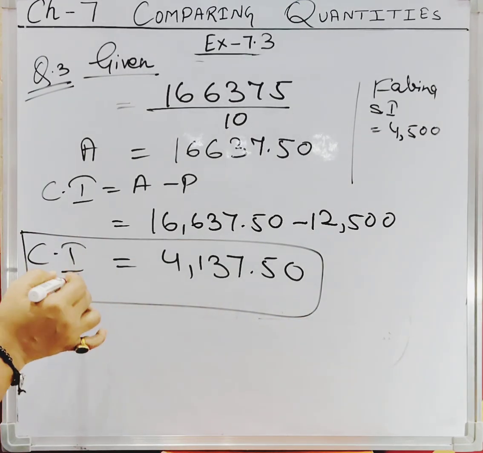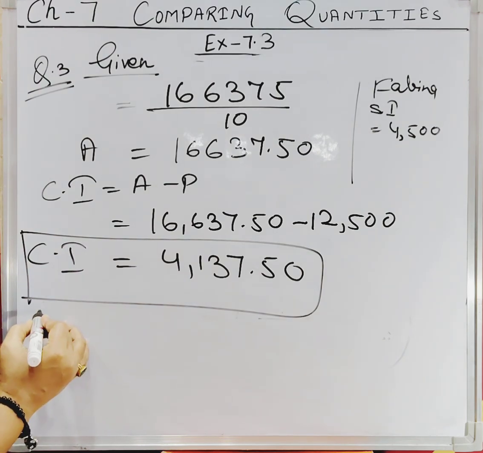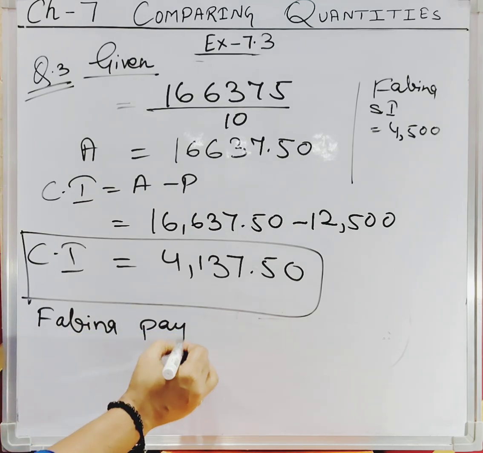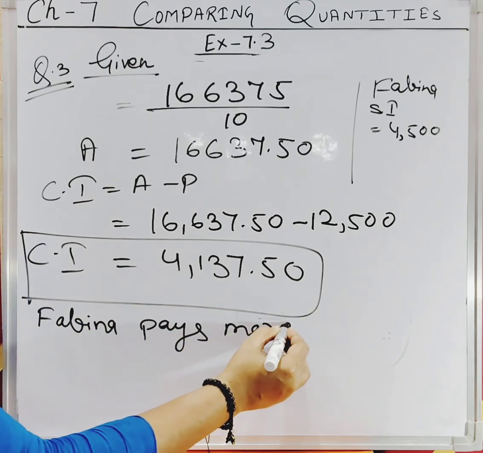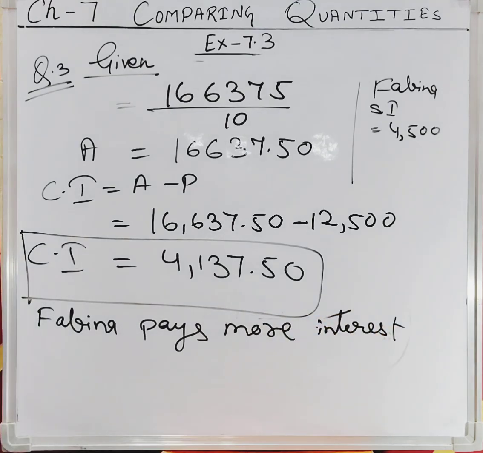Actually, you can see the rate of interest here was 12% for Fabina and 10% for Radha. So we'll write that Fabina pays more interest. Now find out how much.